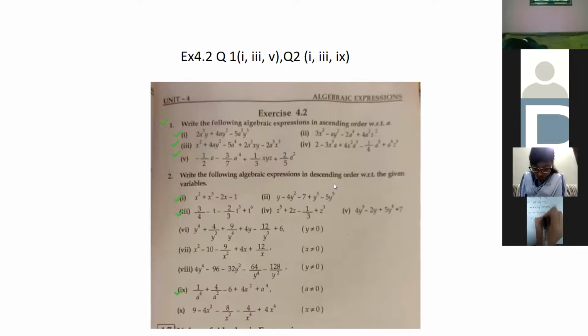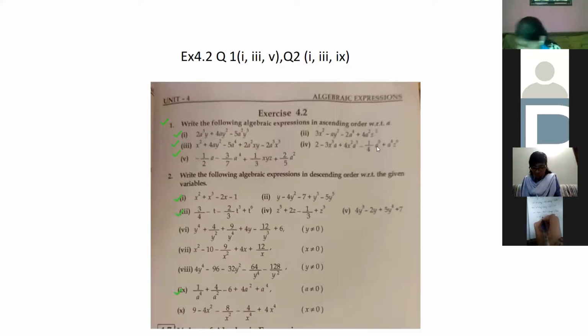We have to descend. Descending means decrease. The power must be decreasing with respect to the given variable. It's not mentioned which variable we have to descend, but just check all the questions. In every question, only one variable is there. So it's very simple. Descending means the power is decreasing from left to right.